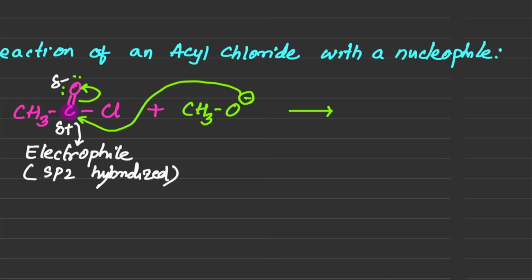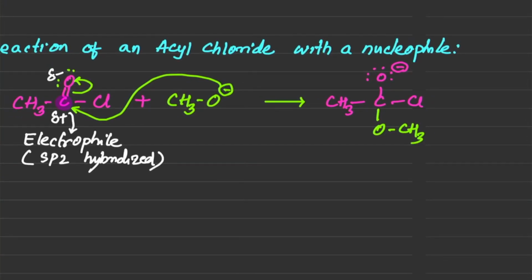Now when you move one of these, it's gonna have 3 lone pairs. So CH3, CO, and it has extra electrons, so it becomes O negative, chlorine, and then we just added OCH3.